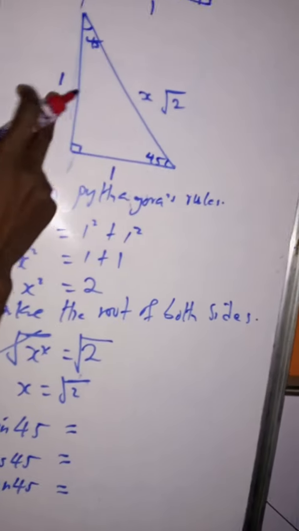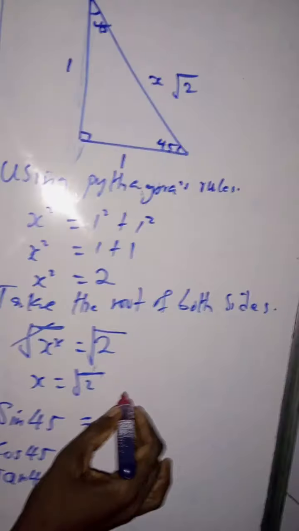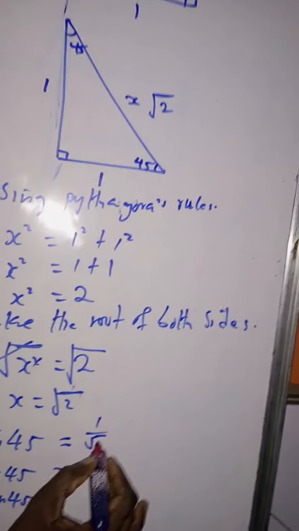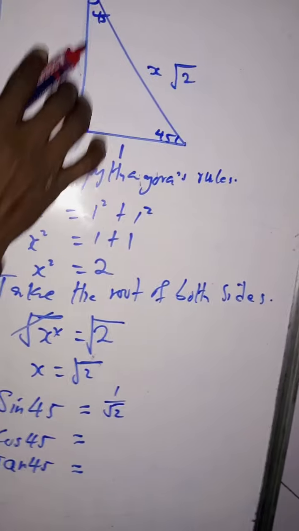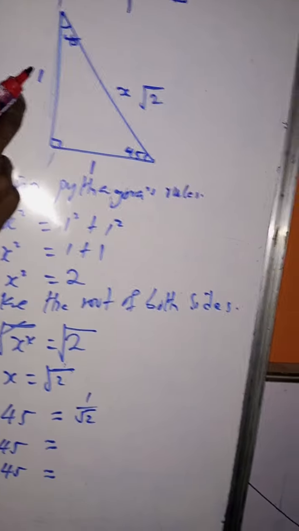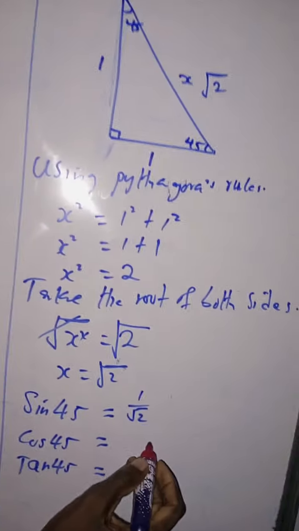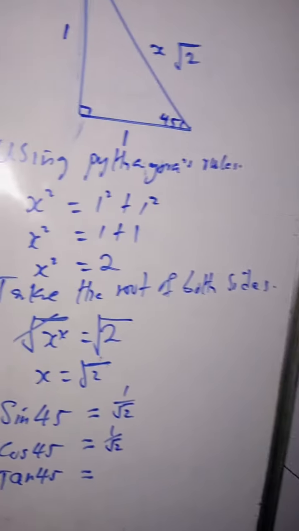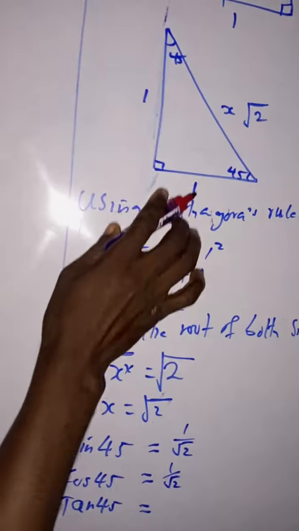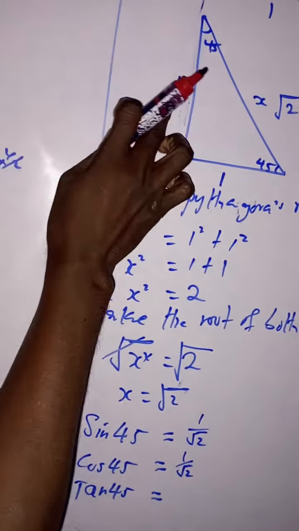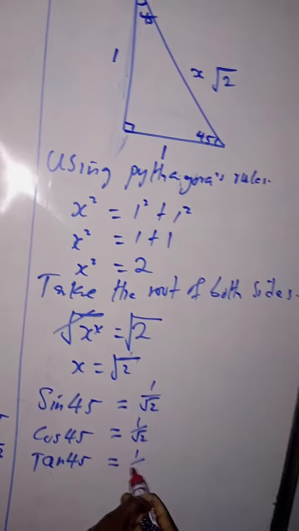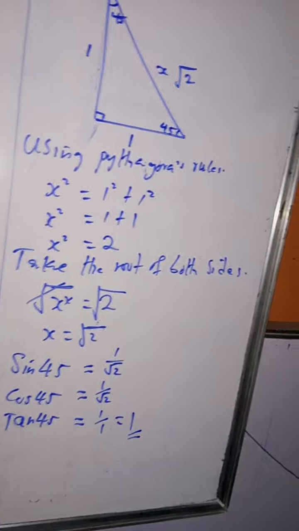So sine is opposite over hypotenuse, which is 1 over root 2. Our cos is adjacent over hypotenuse, which is also 1 over root 2. Then our tan is opposite over adjacent, which is 1 over 1, which equals 1.